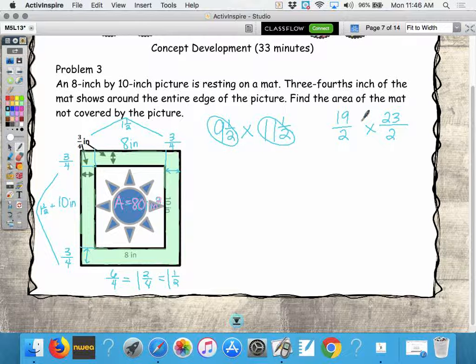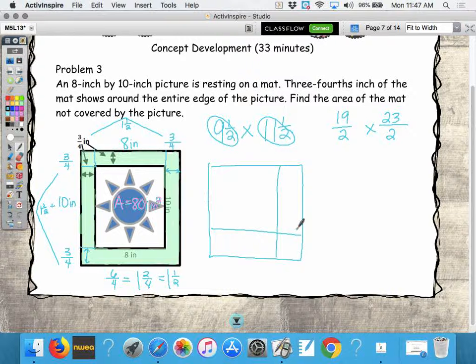But I know something. I know a half plus a half is a whole. And I feel like that might help us here when we do our area model. So go ahead and write your area model. Label it. Now remember, this is going to help you on lesson 12.